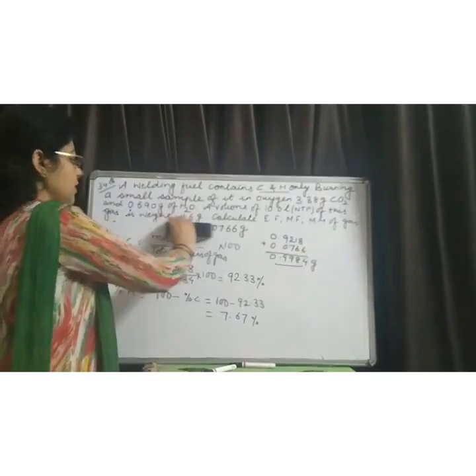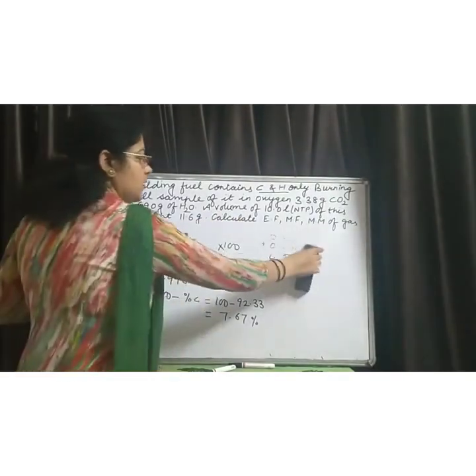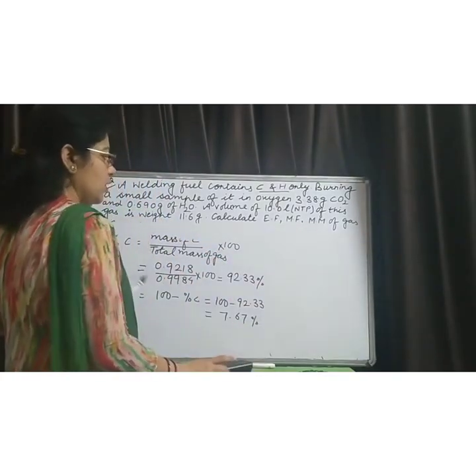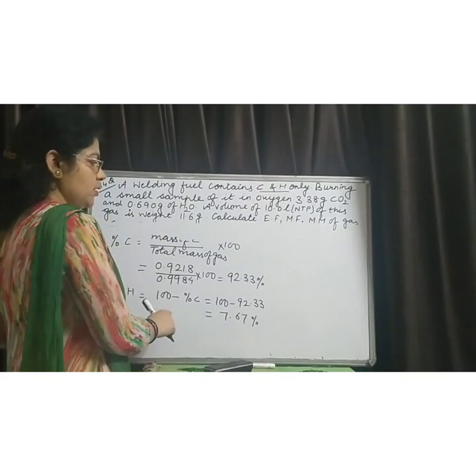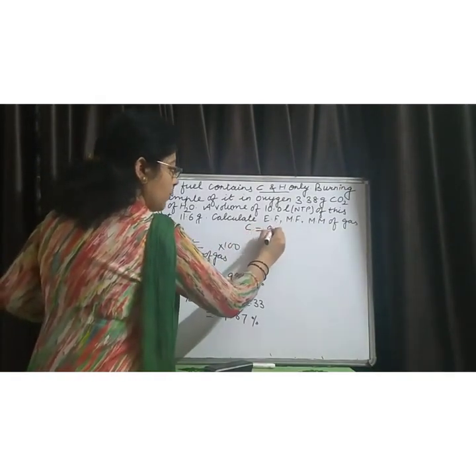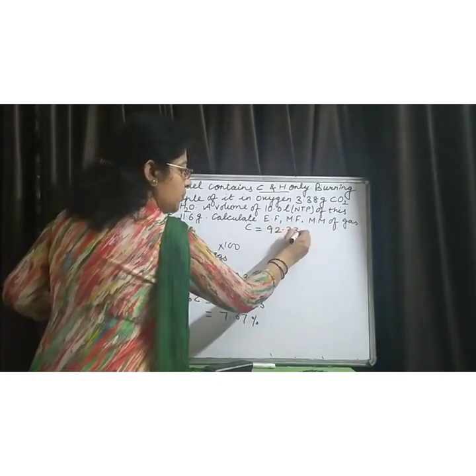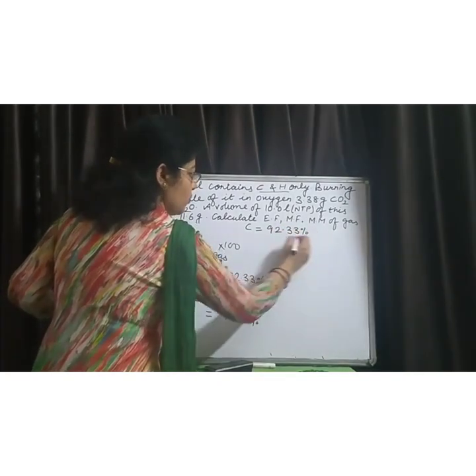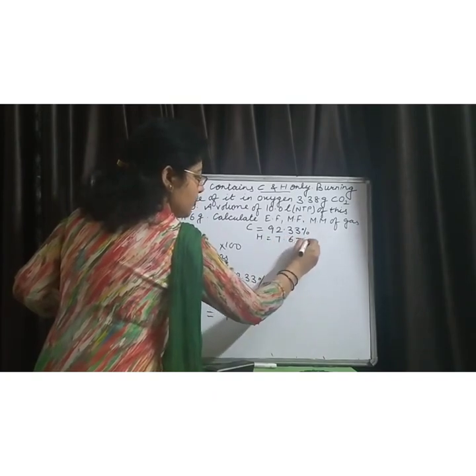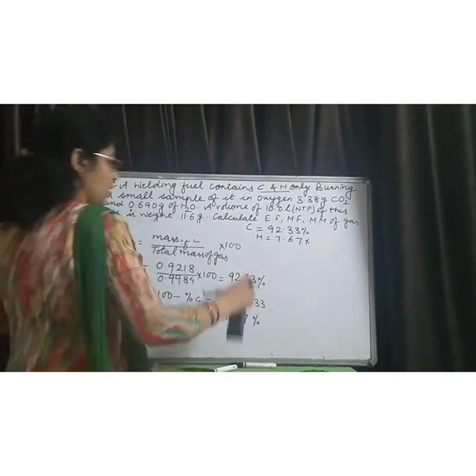So our next step after finding percentage is to find the empirical formula of the compound. We have already found the percentage of carbon is 92.33% and percentage of hydrogen is 7.67%.